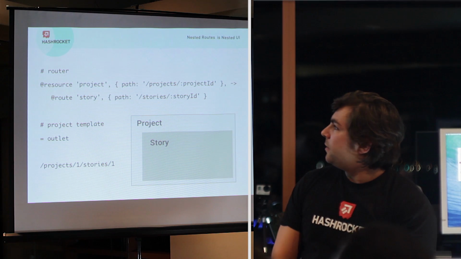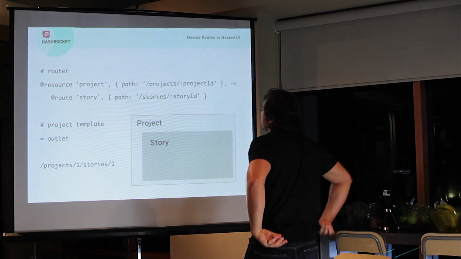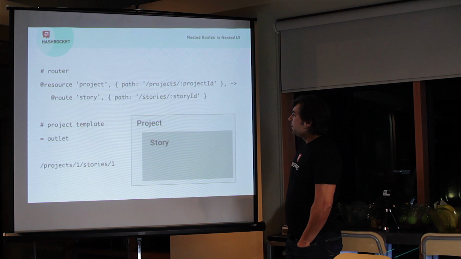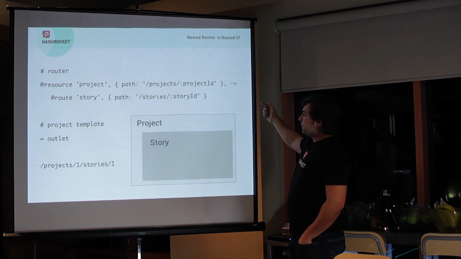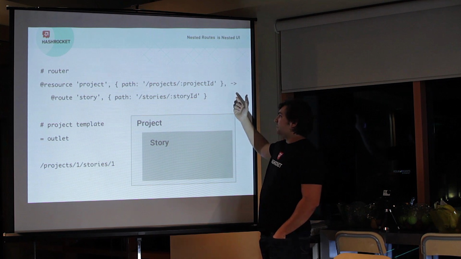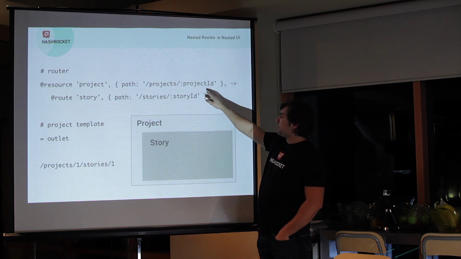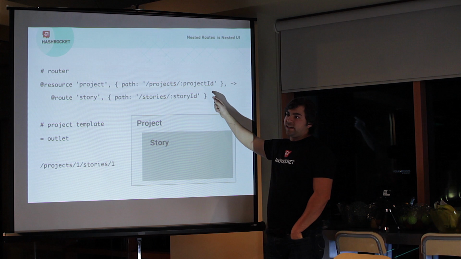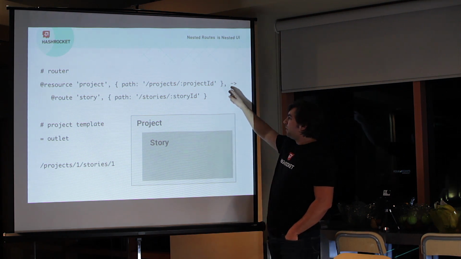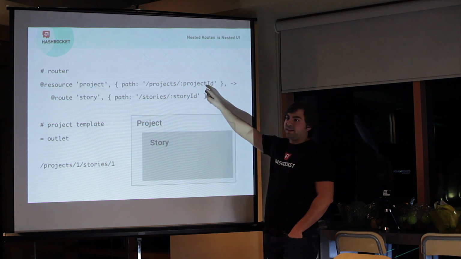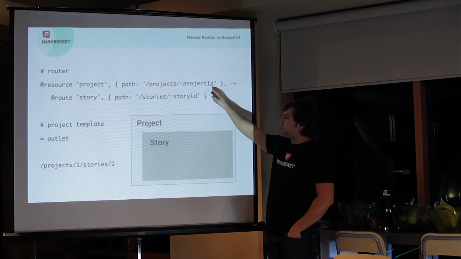This is your Ember router, like your Rails router. You tell it the resources that you have. If I have a project resource, I tell it what the path is, and then I have :project_id, which is what's called the dynamic segment. When this hits the route, you have access to this, so you know what ID to look up to get the right project.